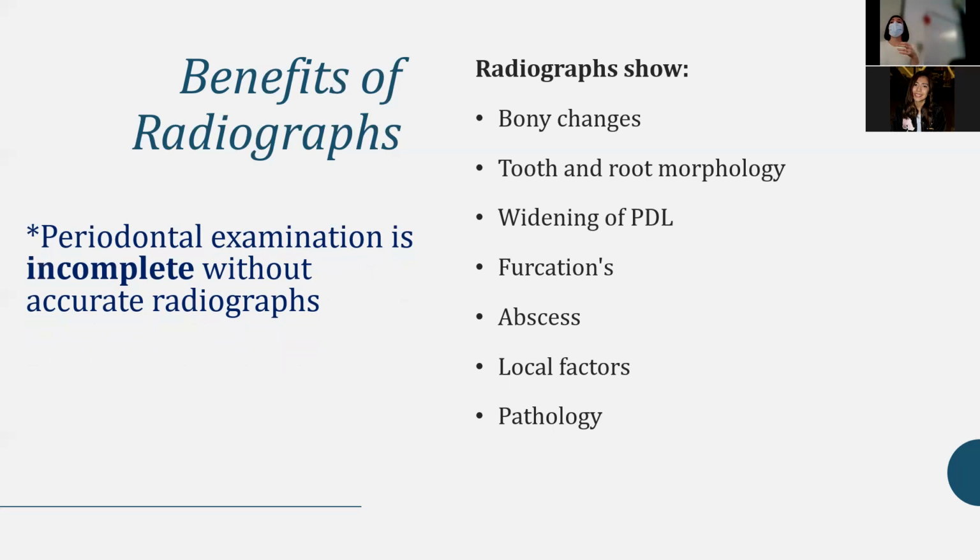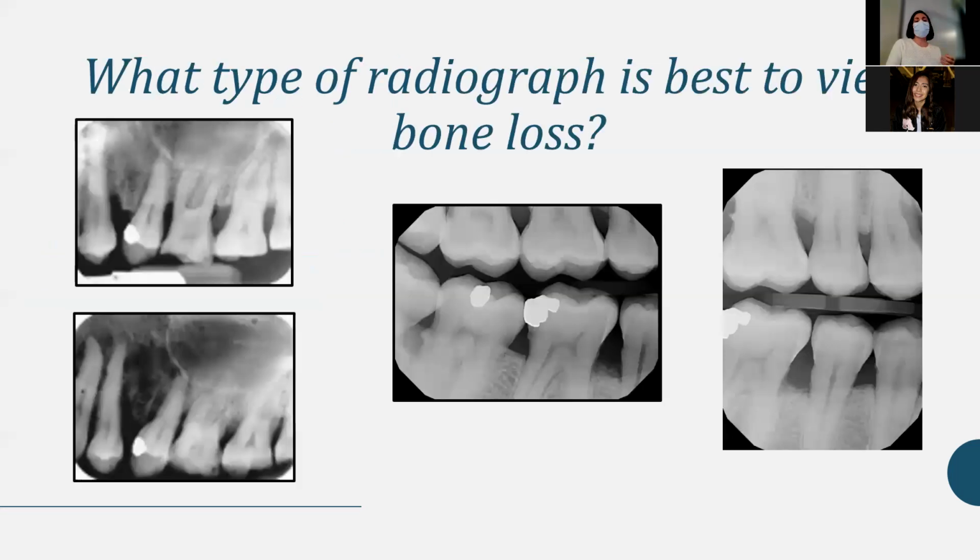So in an office though, if you are able to get both of those up somehow, or at least frequently remind yourself, that will help your SRP be that much more complete, because you might not feel with your instrument that you can go into a certain area, but then if you look on your radiograph and your perio chart, you're like, oh, I better go back here and make sure I got everything. So you use them as your resources while you're cleaning.